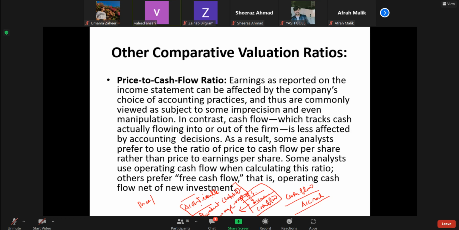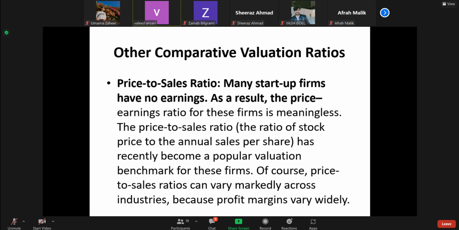The chances of manipulation in the cash flow statement are very slim. It is very difficult to hide. That is why cash flow is also used as one of the methods for the valuation of companies.